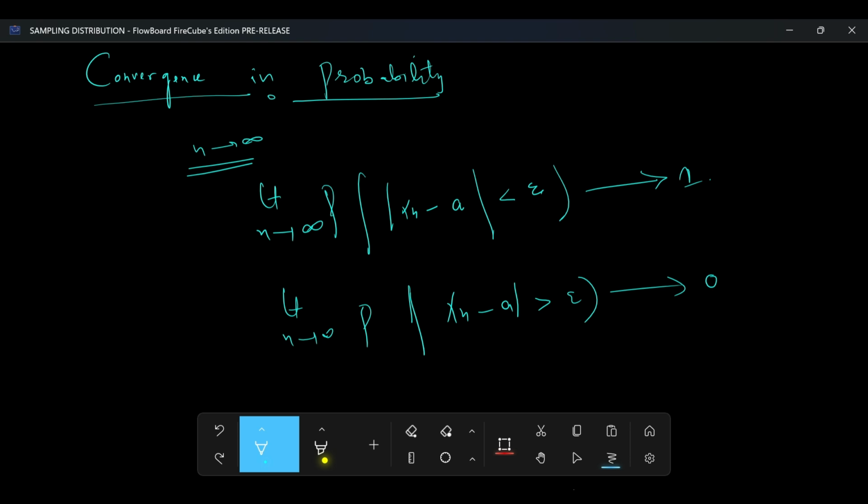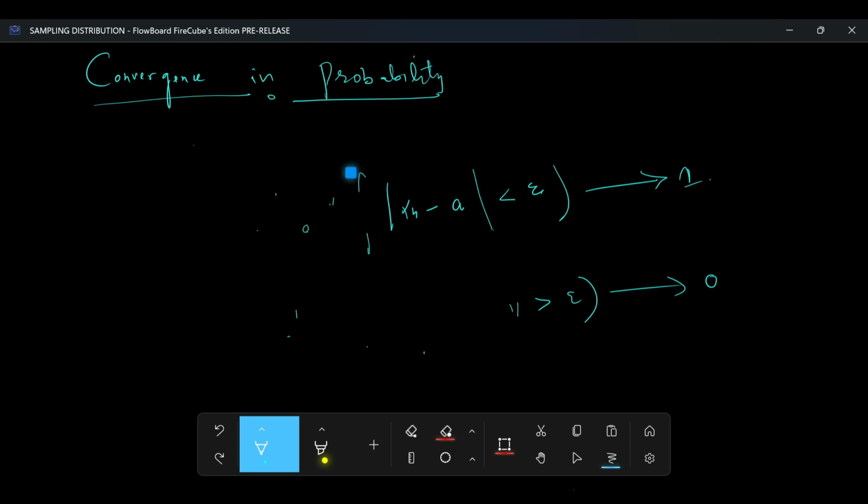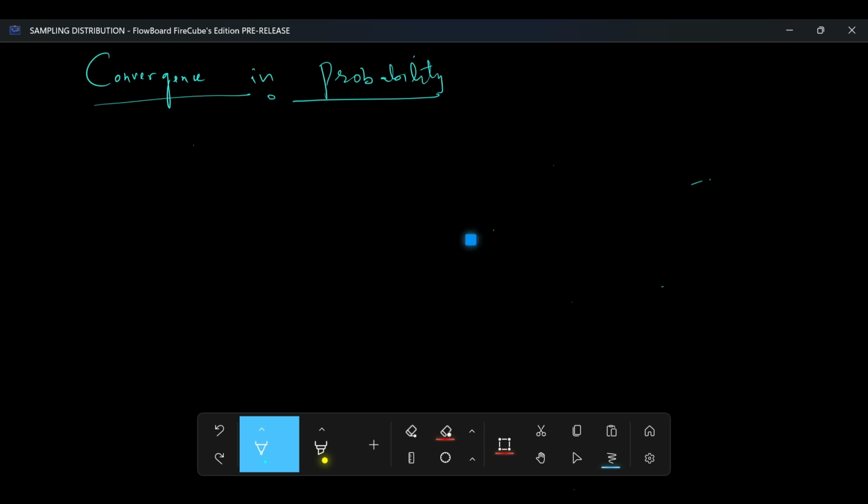Let's write the statement of this convergence in probability. Then we will see some examples on this. Whatever convergence we have in statistics is for n tending to infinity only, right?